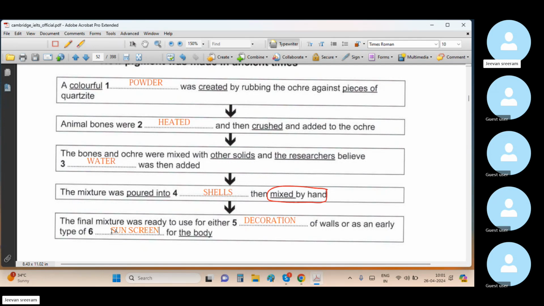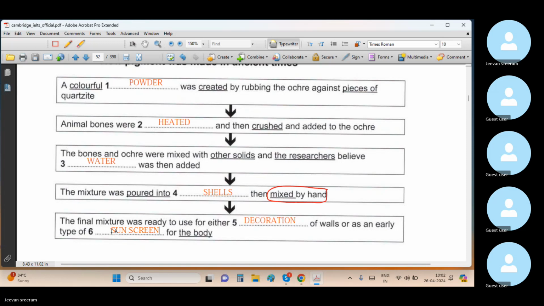Protection or decoration of walls, both can work. But for the sixth one, you should be sensible enough to find the suitable word. If a student comes up with skin protection for the body, the body was already given. You can't even write protection for the body. Something else is necessary. The answer is given in the information kept in the bracket.